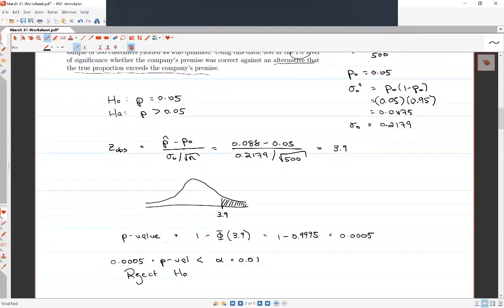Well, this time our alternative was directional, so in the conclusion, you can make use of that directional property. We can say the sample evidence suggests to us that more than 5% of customers would qualify.